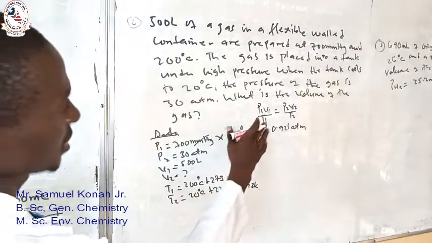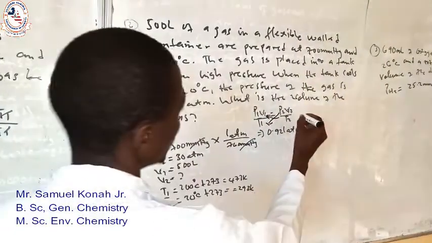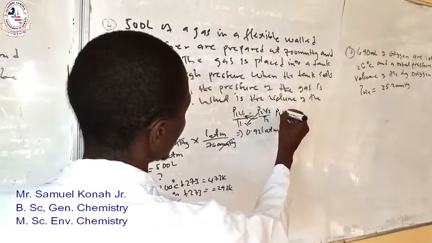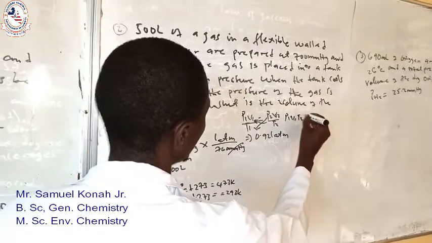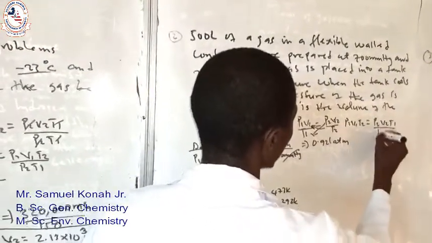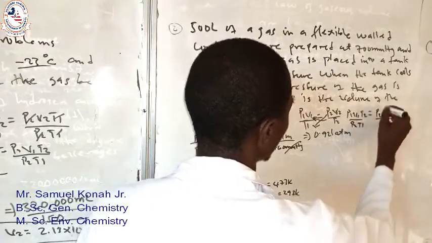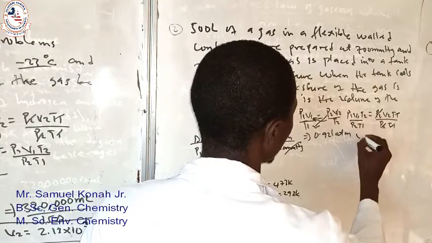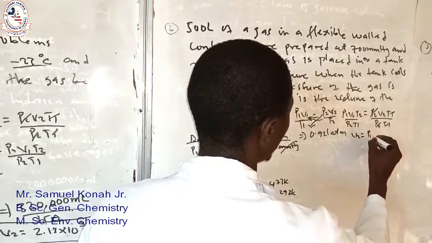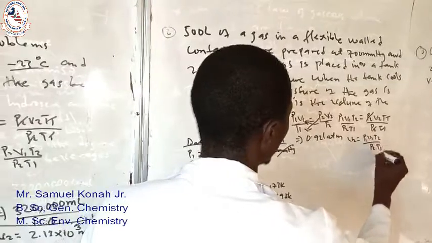Since we are interested in V2, we cross multiply. Here we'll have P1 V1 T2 is equal to P2 V2 T1. So divide both sides by P2 T1. This and this will cancel. So V2 will be equal to P1 V1 T2 over P2 T1.